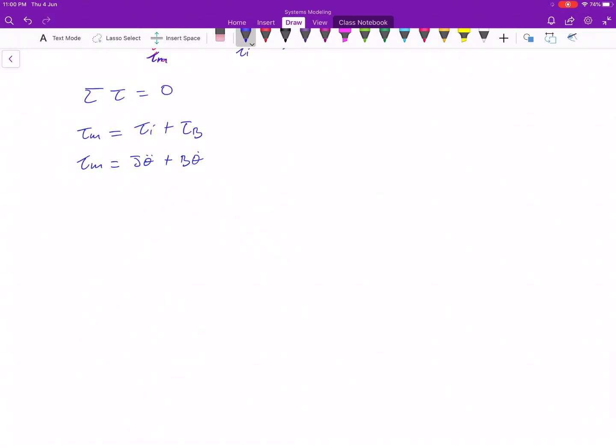We can take the Laplace transform of this. From the Laplace transform, we are going to have tau of m in the Laplace domain equal to s squared J theta of s plus s B theta of s.